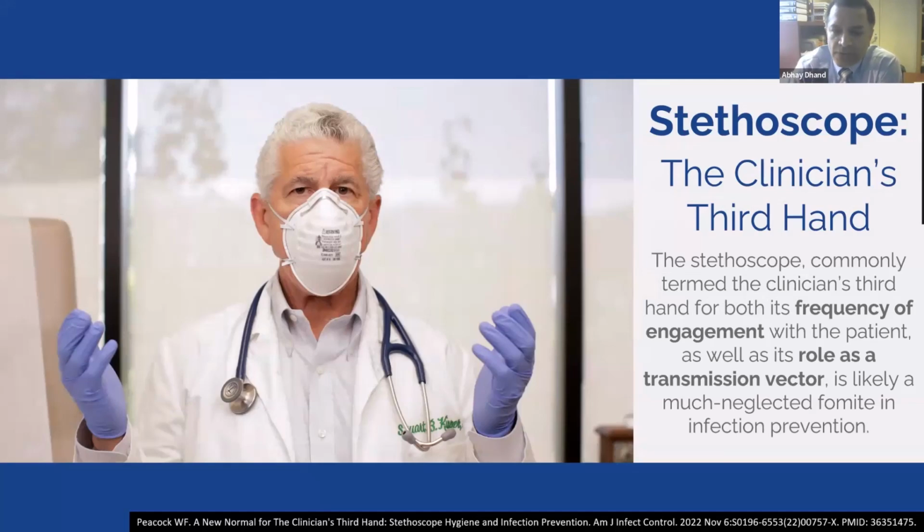So the risk of transmission of different organisms that exists through the hand is also there with the stethoscope. What we are worried about in the current healthcare scenario is that the stethoscope can be a transmission vector of different organisms of interest in the healthcare setting. Next slide, please.